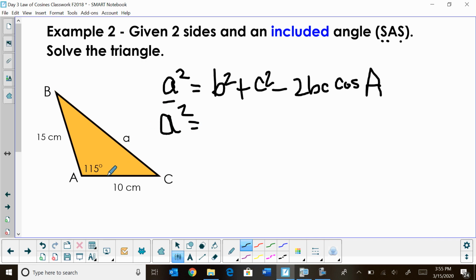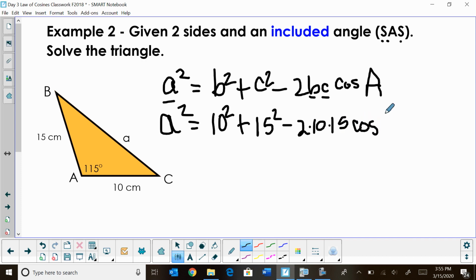B, I'm going to plug in 10. So 10 squared, which we know is 100, plus 15 squared, that's going to be 225, minus 2 times the B and C right here are just the 10 and the 15, and then cosine of A.